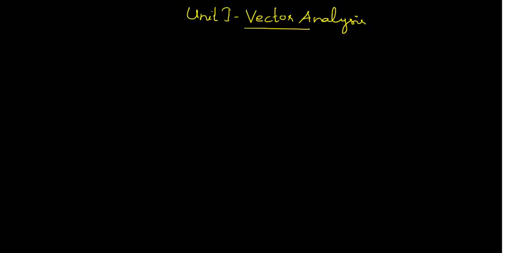Okay, good morning students. Today we are going to see some more problems in vector analysis. So already we have studied some basics of vector, how to represent a vector, what physical quantities can be said to be a vector, and which are scalars, and some more details like the addition of vector, then what is a unit vector, what is a distance vector, then what is position vector, and also about the multiplication of vector.